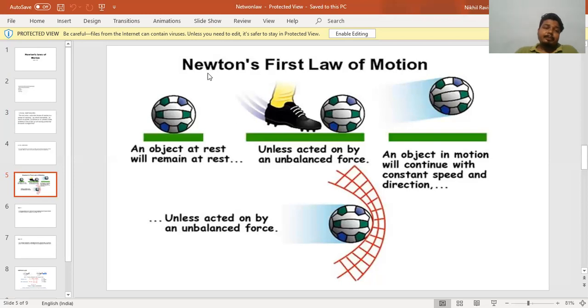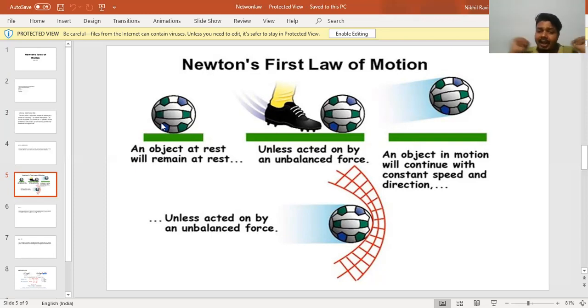So the footballs are here. In the first row, the football is at rest, so this object at rest will remain at rest.